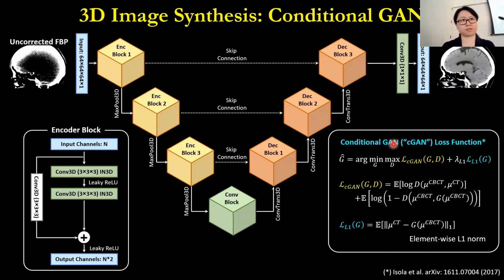The objective of this CGAN contains two terms. One is the CGAN loss, which compares the input, the ground truth, and the synthetic image. The other one is the L1 loss, which brings the synthetic image closer to the ground truth and at the same time encourages less blurring.